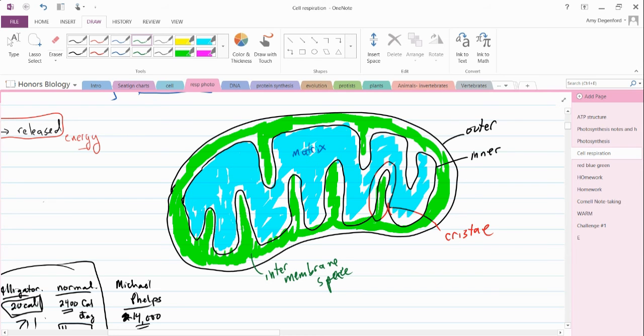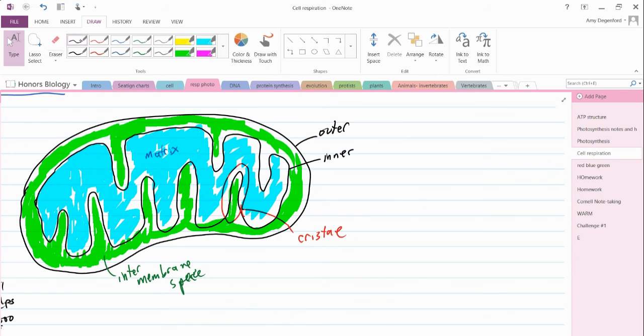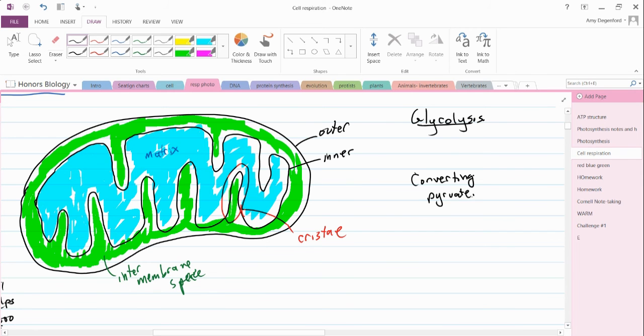Okay, so we have three main steps, and then there's going to be one that's kind of a mini step smushed in between two of them. The three steps, let's go ahead and add them over here, or you can put it underneath your drawing. We have glycolysis. We have a step where we are converting a molecule called pyruvate. This is the one that's kind of in between.